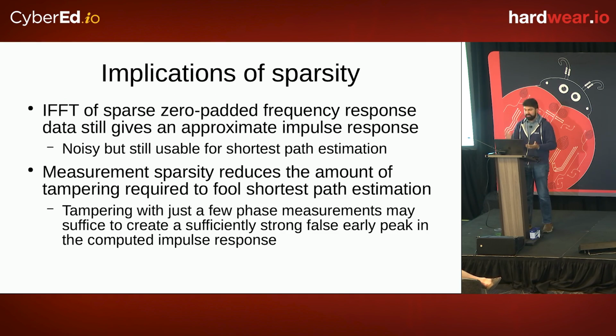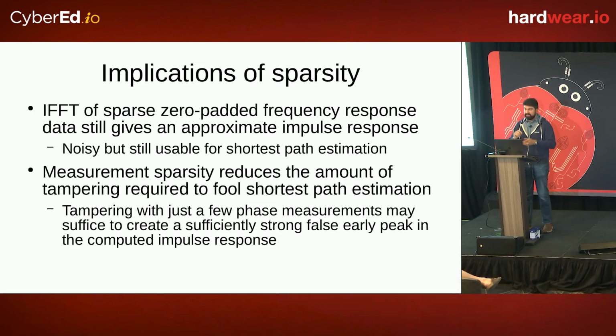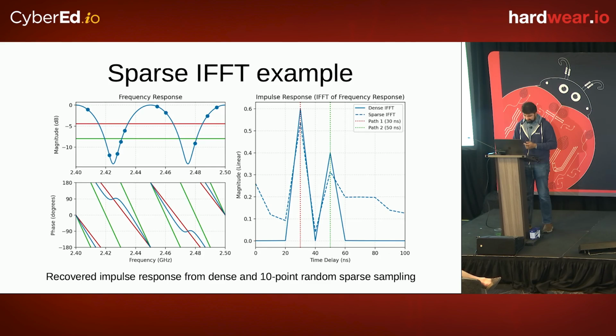However, if you're reducing the number of measurements you're taking, that reduces the number of measurements an attacker would need to successfully spoof to induce a false peak in the impulse response. And if you have a false early peak in the impulse response, then the algorithm will think there is a shorter path and will report the distance is closer than it should really be. So here's an example of this.